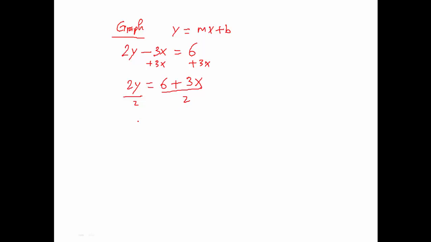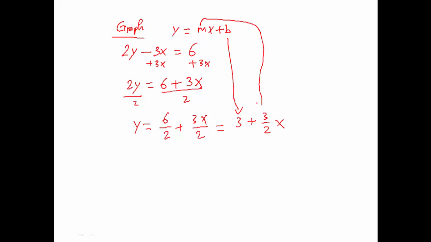I get y equals 6 over 2 plus 3x over 2. And this is the same thing as 6 divided by 2 is 3, plus 3 over 2 x. So now we have the format of mx plus b, something times x plus some constant number, which is b. Here is b, and m here is 3 over 2.